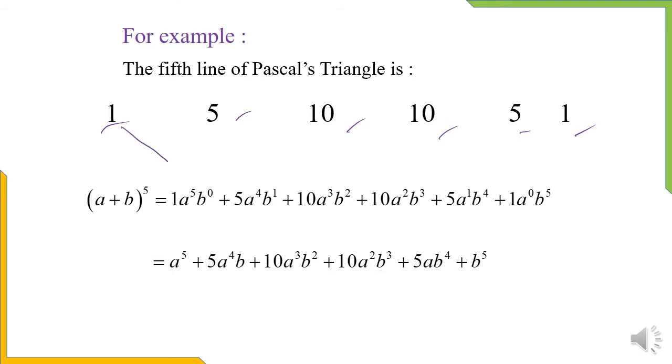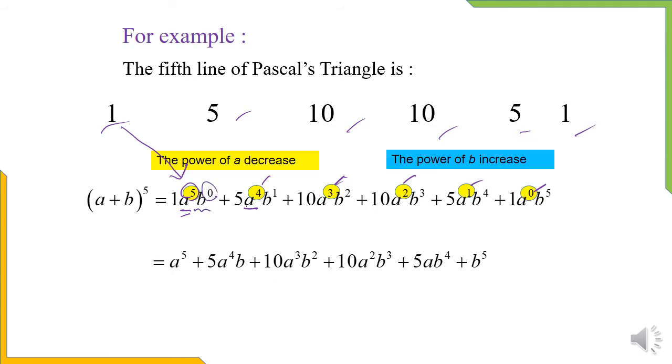So we have 1 as the coefficient, and then a has the power of 5. The power will be decreasing accordingly. So we have a power of 5 here, and then continue with power of 4, 3, 2, 1, and 0. And then for b, however, we have a power of 0 and it will increase, so it will go from 0 to 1, 2, 3, 4, and 5.